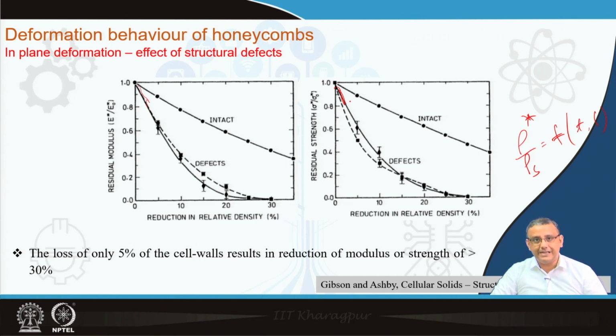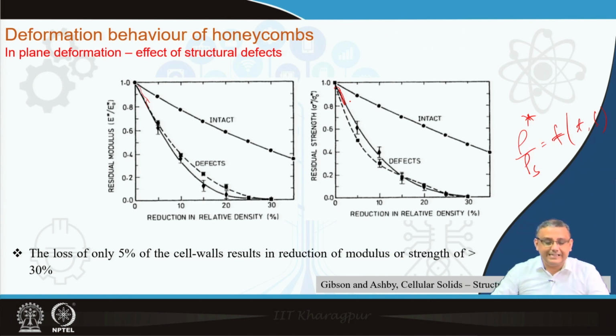Now what is happening? Again the density is decreasing, but this density decrease is because of missing arms. It is not because of a perfect honeycomb anymore. Now it is systematically assumed that some of the arms are defective, and that defective arm will render lower density to the structure, and we see how that affects the properties.